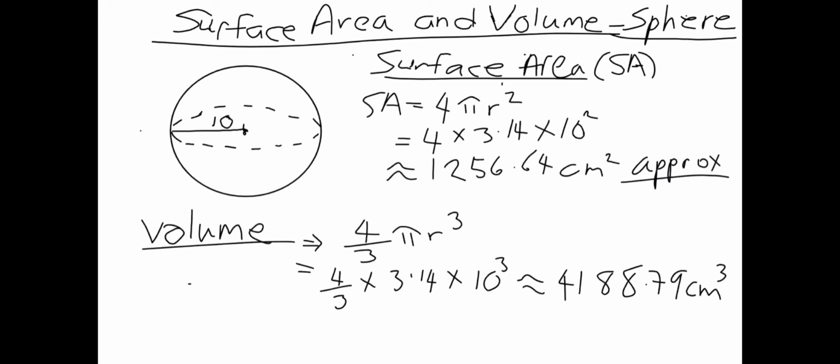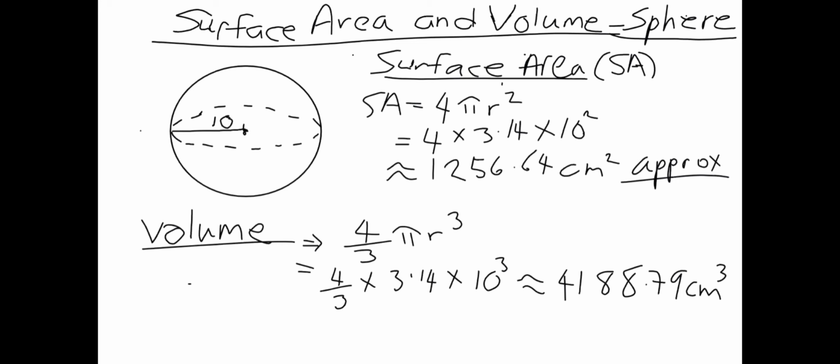So for surface area and volume of spheres, we have to use this formula, which is 4 pi r squared. And the answer that we get for this formula is approximated. So it's not entirely accurate, but this is an approximation of what we have to use to find the surface area. And because there's no vertex on a surface area, we have to approximate it.